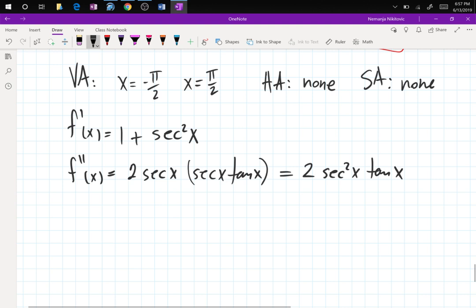Now we have our first derivative test. We say 1 plus secant squared x equal to 0, and you need to solve this equation. What do we do now?